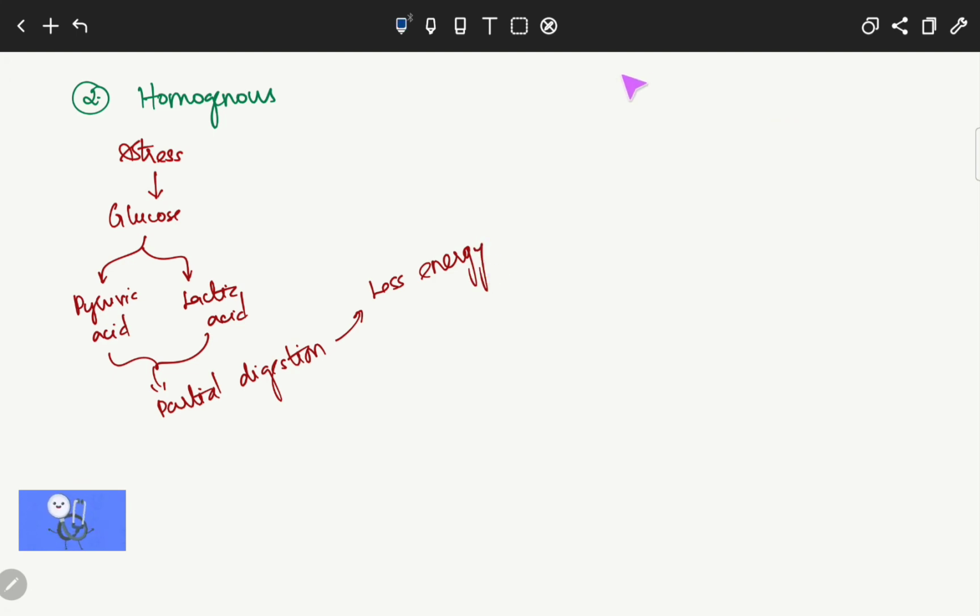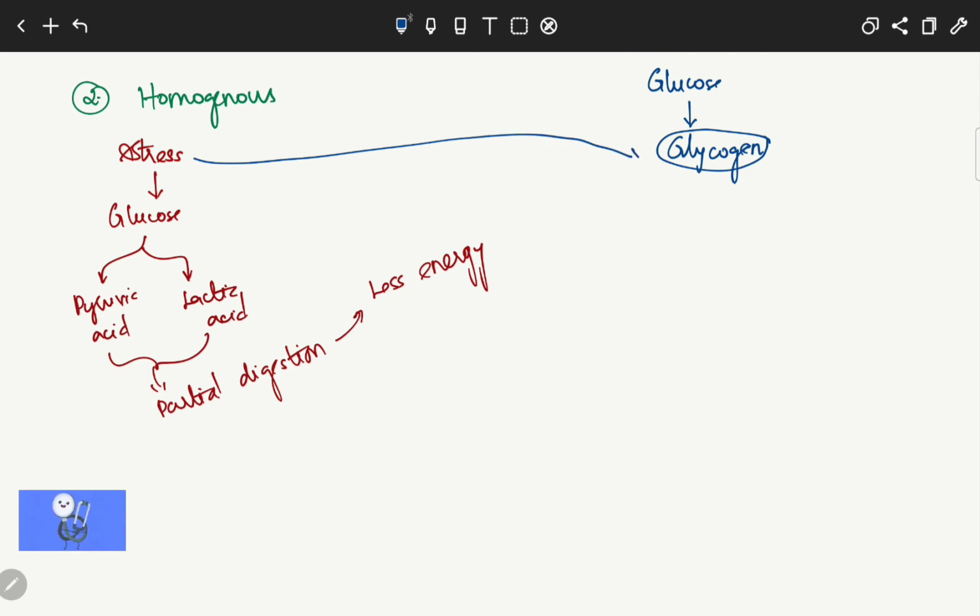And we all know that the excess amount of glucose in the blood gets converted into glycogen and is stored as a reserve material. This glycogen is stored as glycogen granules within the cell, right? So under conditions of stress, a cell rapidly breaks down glycogen and converts it back into glucose for energy.